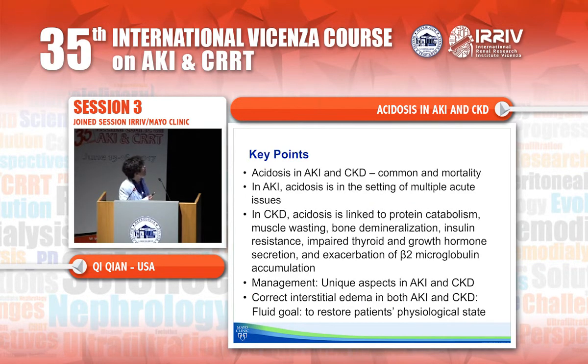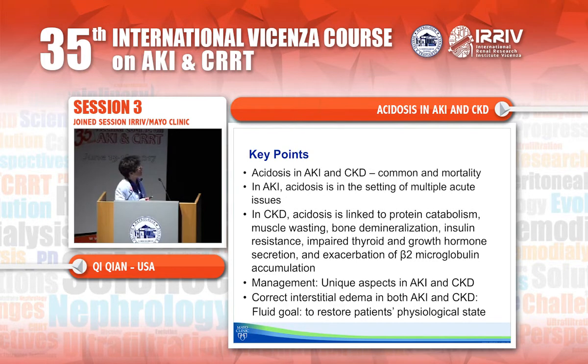So the key point is that acidosis in AKI and CKD are both very common, and they contribute to mortality. In AKI, acidosis occurs in the setting of multiple acute issues. You really have to deal with multiple acute contributory issues in addition to the acidosis in AKI. In CKD, it's completely different.